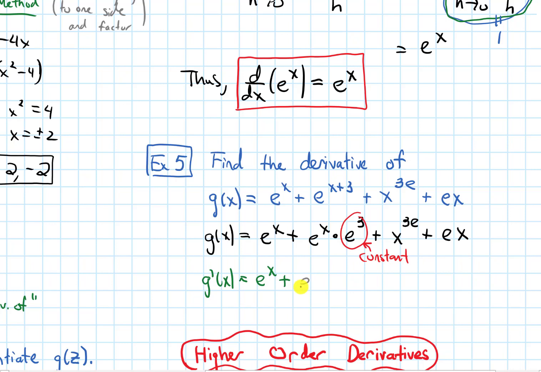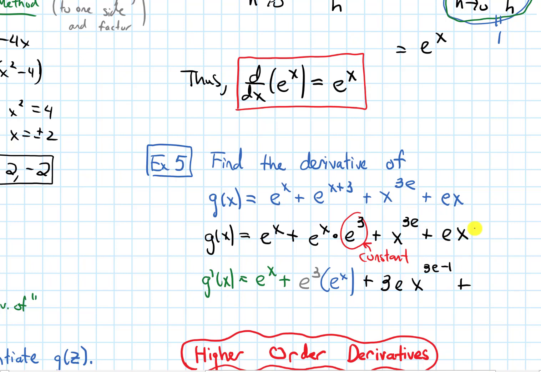So I will get e to the third still there, multiplying the derivative of e to the x, which is e to the x. On x to the 3e, this is x to a constant power. This is power rule. I bring the power down, 3e, and then times x to the 3e minus 1. I subtract 1 from the power.